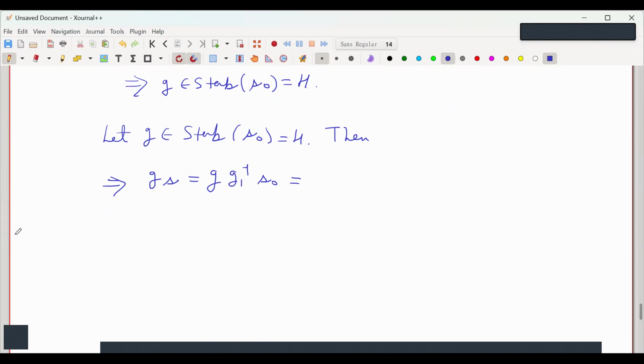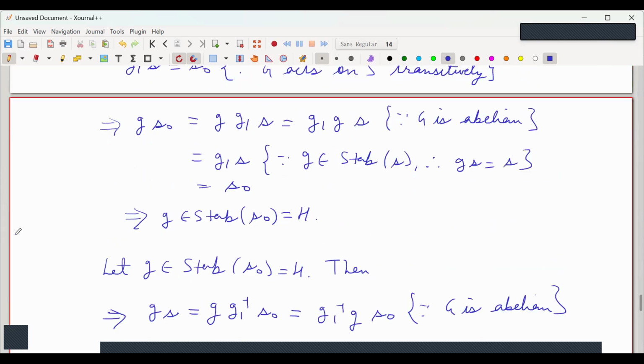Again we can use the abelian property. Since G is abelian, g of g1 inverse of S naught is g1 inverse of g of S naught, and since g is in the stabilizer of S naught, this is g1 inverse of S naught, which is again s, because S naught is g1 of s.